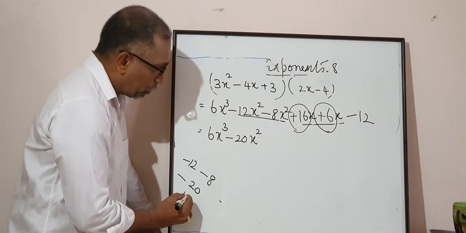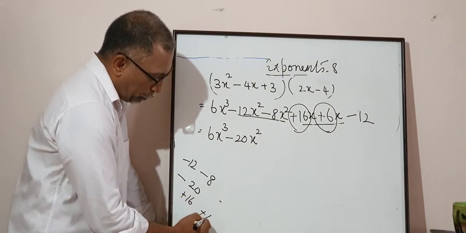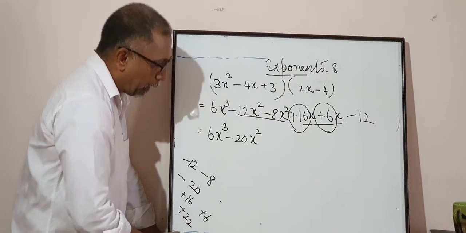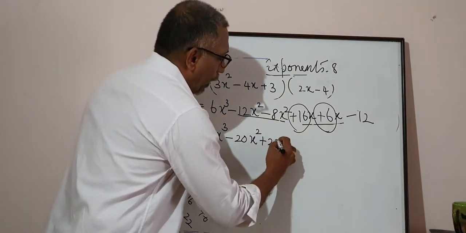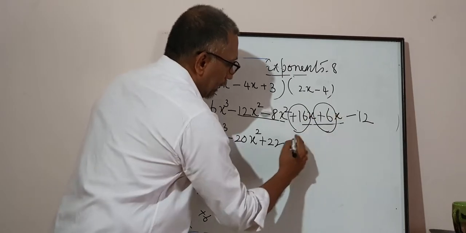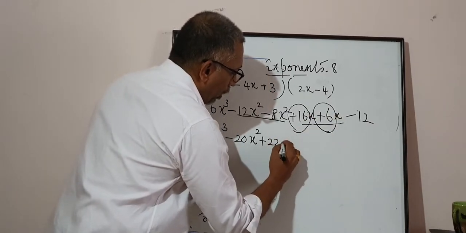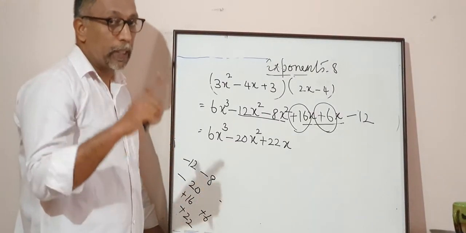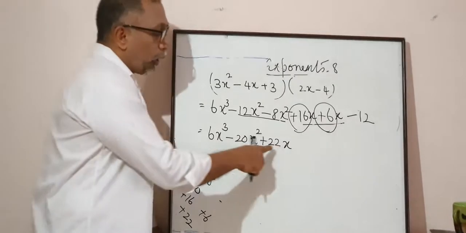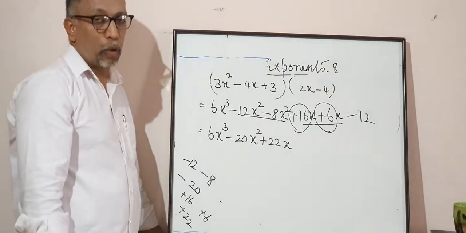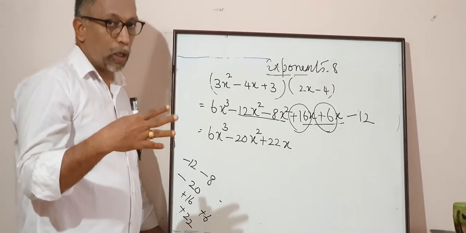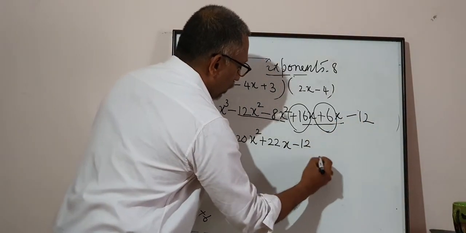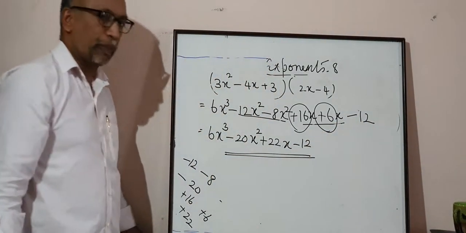So positive 16 and positive 6 gives 22, with the same sign, plus 22. Again, it is the same x you write, not x square or something like that, because we identified it as a like term. The like term should again come here. You should not multiply it using the laws of exponents. There is no other term associated with that one, and this is the final answer.